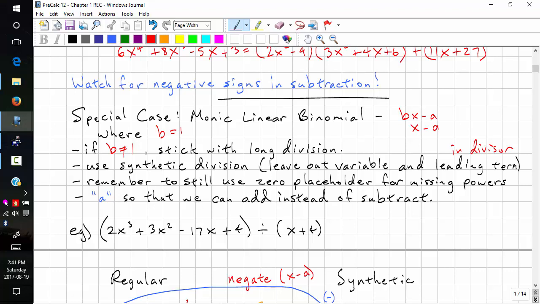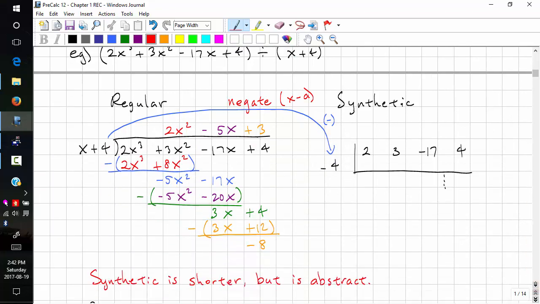We're going to do 2x cubed plus 3x squared minus 17x plus 4 divided by x plus 4. Okay, if we do regular long division, we have 2x cubed divided by x, that's 2x squared. We multiply this by the divisor, we get 2x cubed plus 8x squared. We subtract.